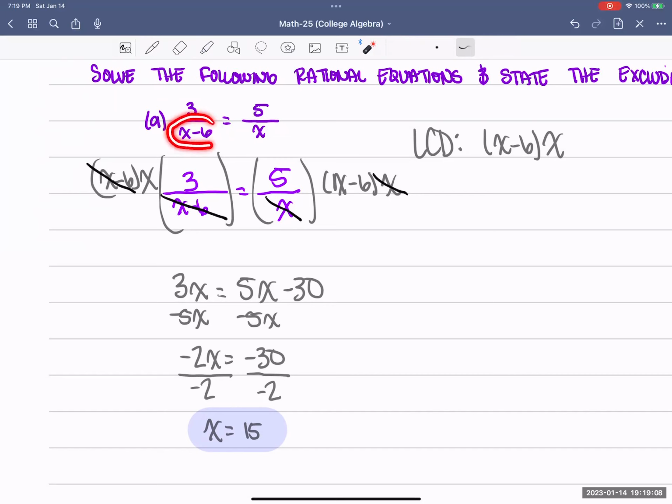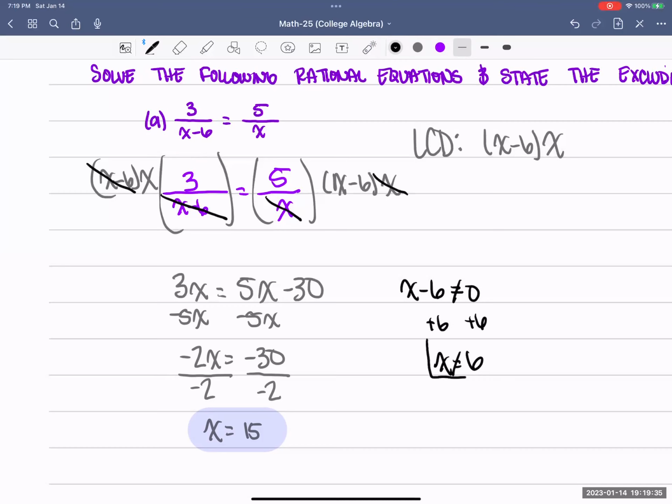So we set the denominator equal to 0 and exclude those values from our solution set. We can start off with this fraction right here, 3 over x minus 6. We know that x minus 6 cannot equal 0. So we add 6 to both sides, so x cannot be equal to 6.